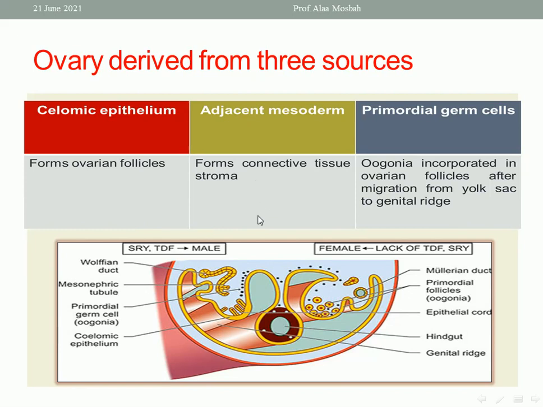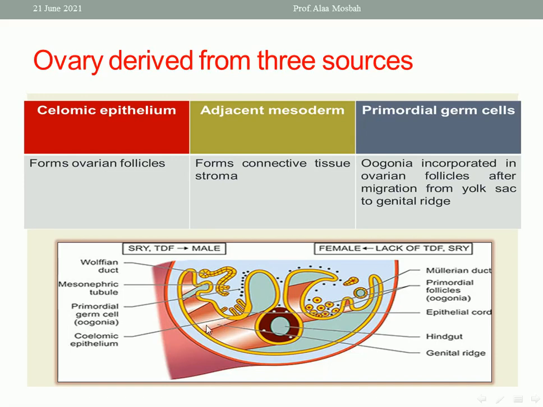Before we start, we should know that the ovary is a very special organ, and the ovary is embryologically derived from three sources: coelomic epithelium, adjacent mesoderm, and the primordial germ cell. The germ cells, as you see, migrate from the genital ridge to reach here, the coelomic epithelium.